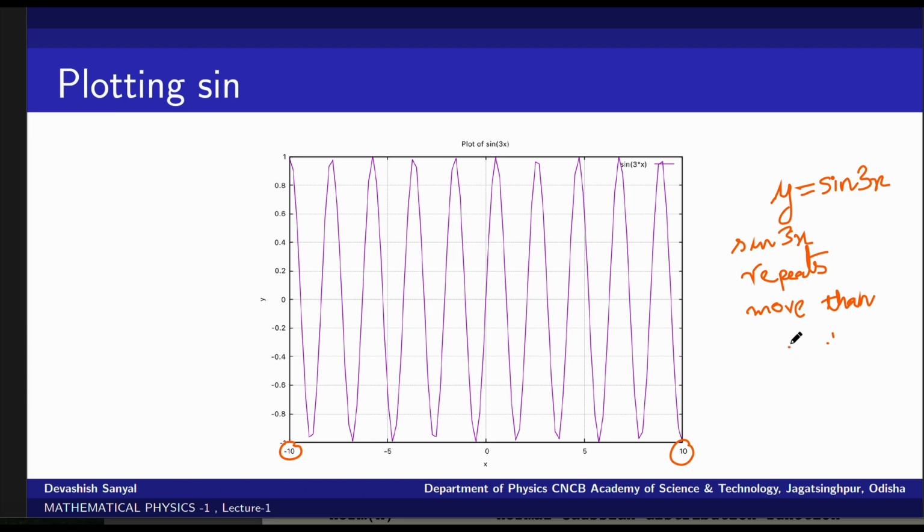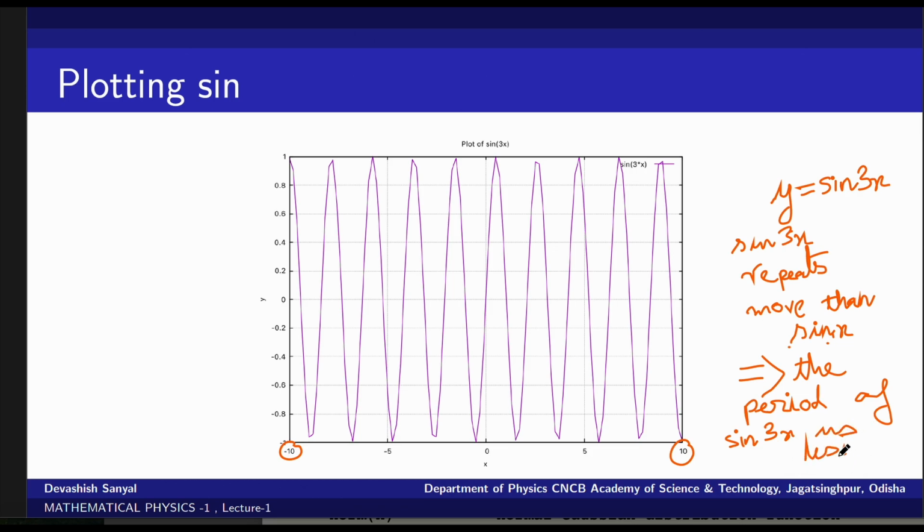Sin 3x repeats itself more than sin x. That implies the period of sin 3x is less.